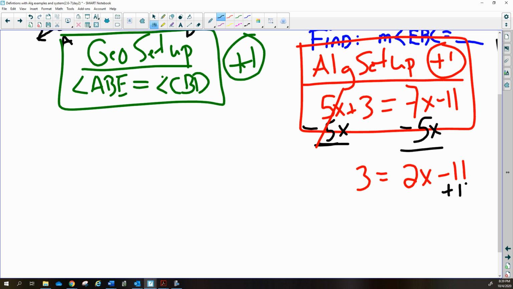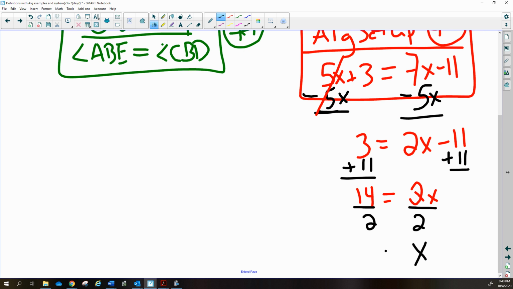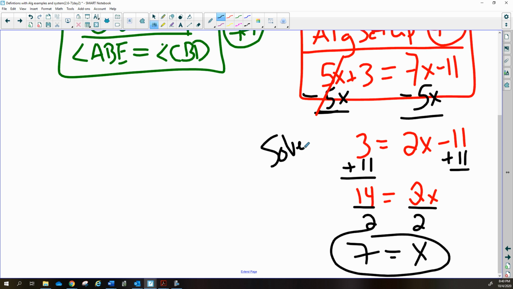Add 11 to both sides, and we come up with 2x equals 14. After dividing by 2, we come up with x equals 7. So solving it is worth another 2 points.